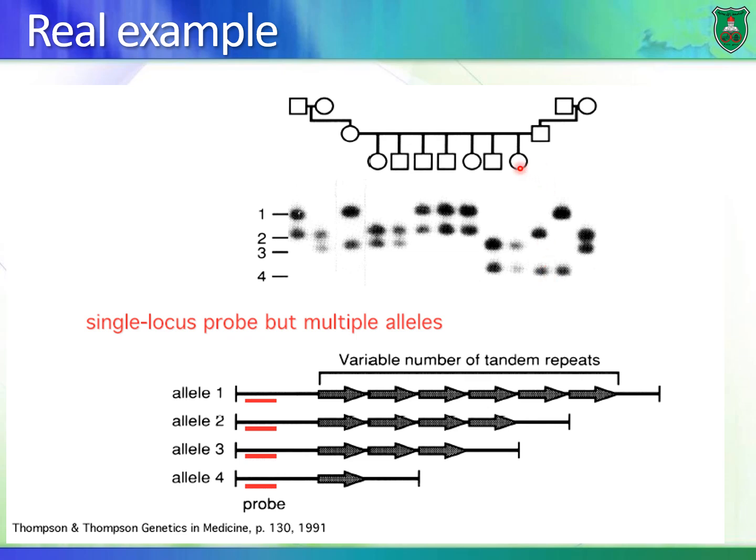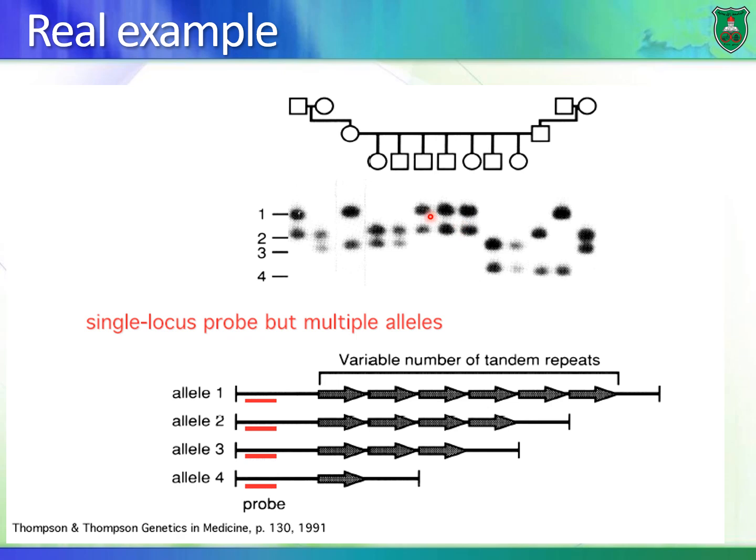Now let's look at these children right here. You would expect them to have either alleles 1 and 3 from the mother, or alleles 2 and 4 from the father. And you can see the pattern in here. This is from the mother, this is from the father, and so on.